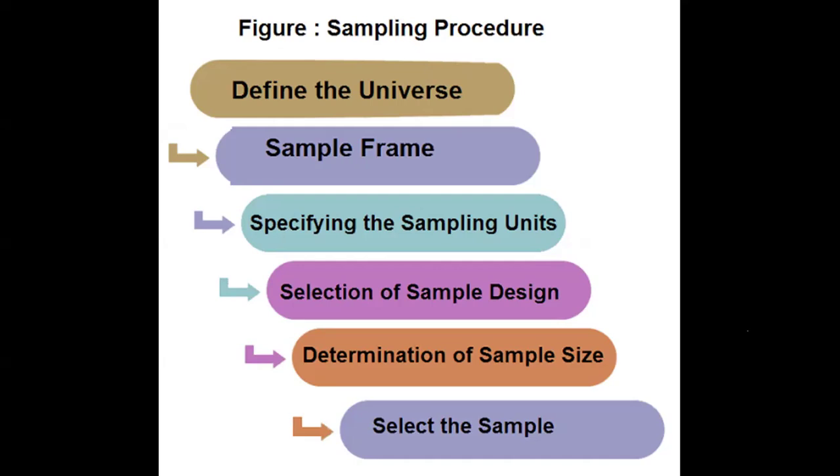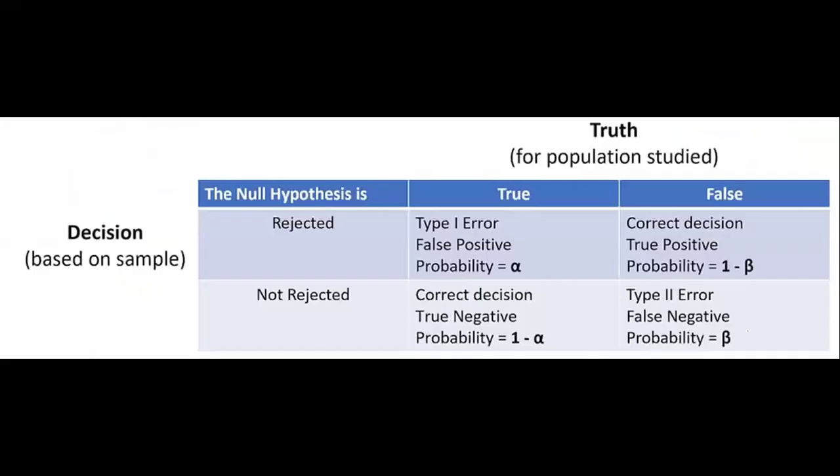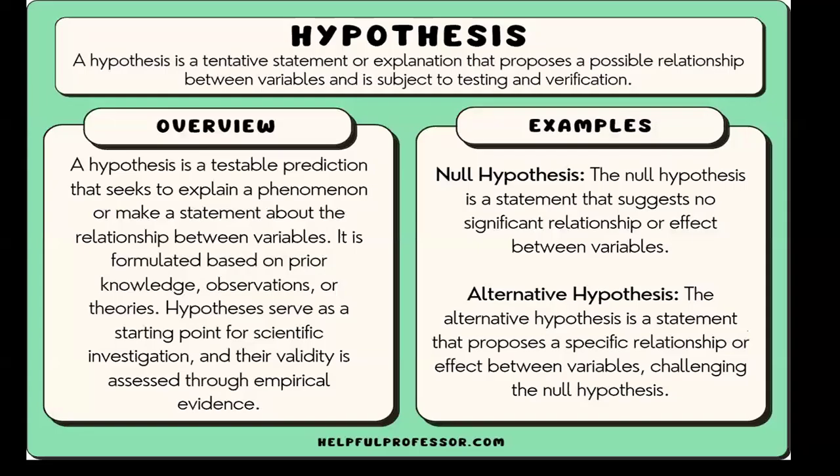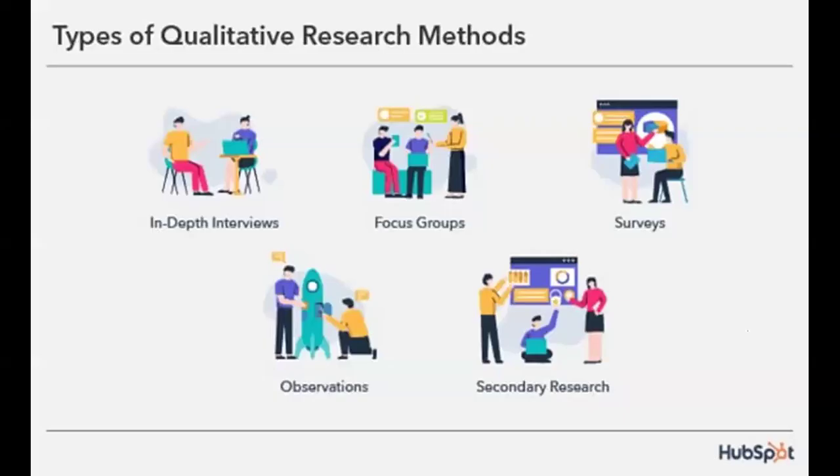Another thing, obviously, that is part of your research, is how you are going to gather that data. In the previous slides, we have also discussed that if you're conducting qualitative research, it is based on in-depth interviews, surveys, and observations.